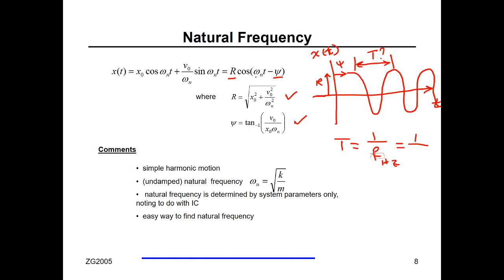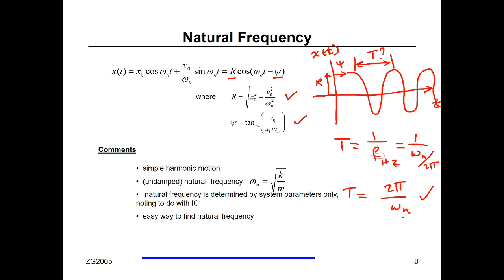This one is radians per second. So how do we go from cycles per second to radians per second? It's going to be omega n over 2 pi. So the period will be 2 pi over omega n. You can take the second to the top, it will be the same unit.